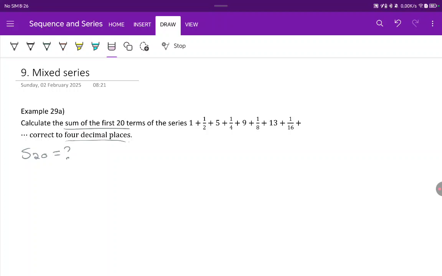split it into 2. So if we take this and we identify, let's say, for example, we put all the fractions together. We can have a half, a quarter, an eighth, and a 16th together. And then we can have the whole numbers 1, 5, 9, and 13 together. So we could have one series that could be 1 plus 5 plus 9 plus 13 plus ellipsis.